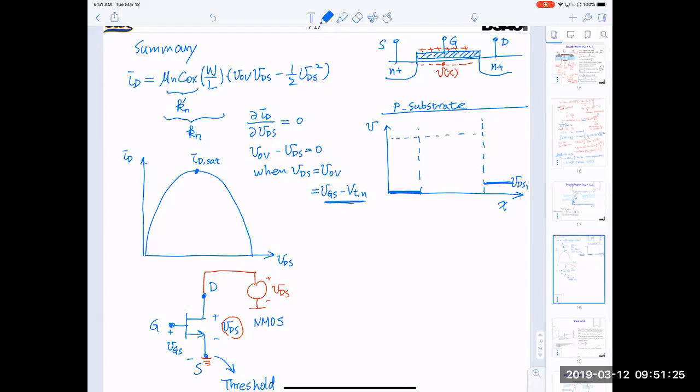This dotted line is V overdrive, VGS minus VTN. And this number, of course, changes every time you change the gate voltage. For now, let's fix the gate voltage. So this gate voltage is independent of position. It's just a constant.